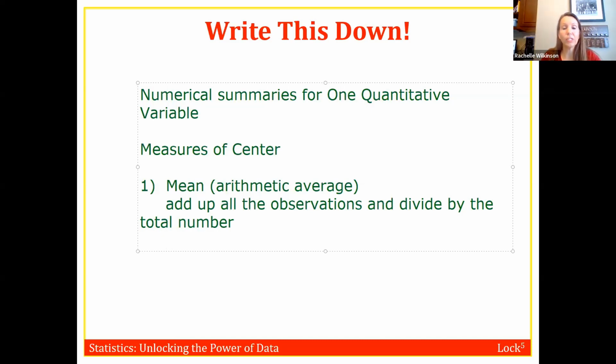When we're talking about notation, the notation for the sample mean is what we call X bar. I'm going to write it down in a second, but I'm going to type out this part first. And the notation for the population mean is going to be the Greek letter mu.